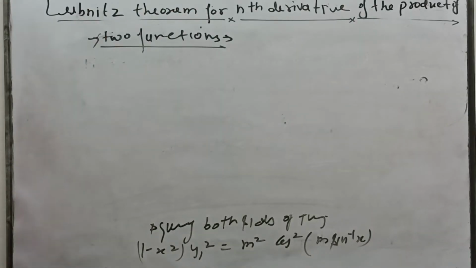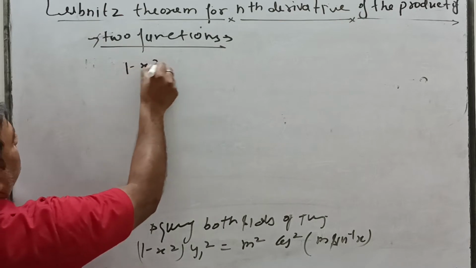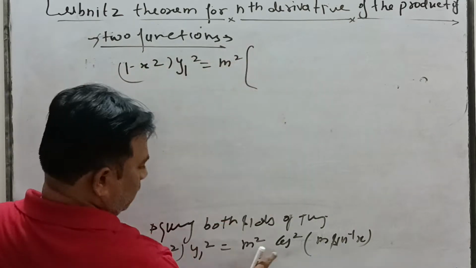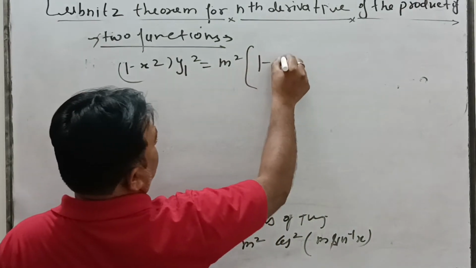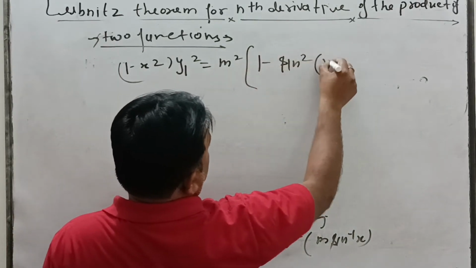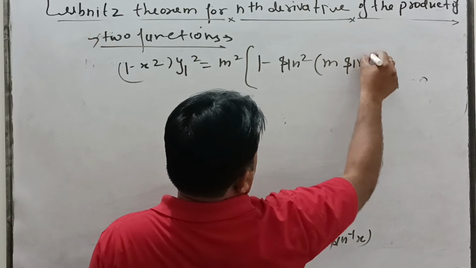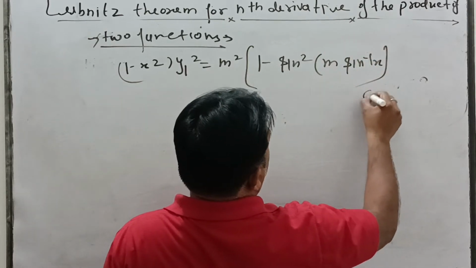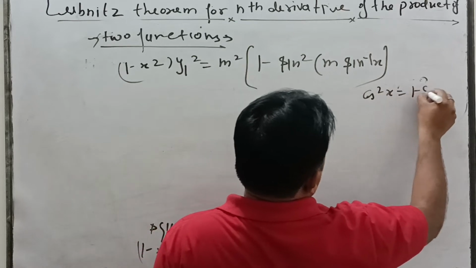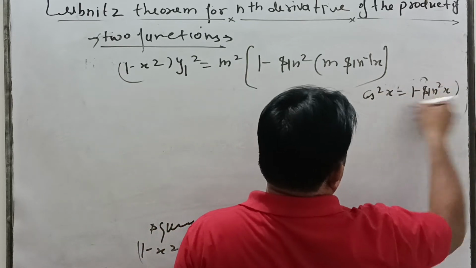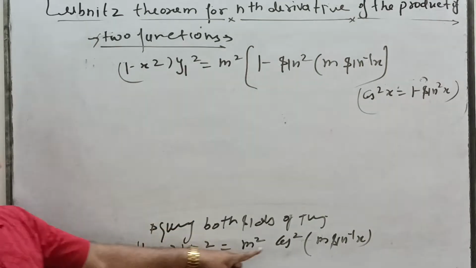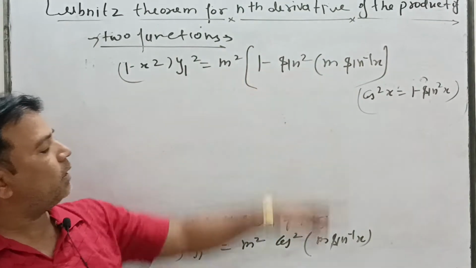we change the value: 1 minus x square times y1 square equals m square cos square, which we write as 1 minus sin square(m sin inverse of x). Here we know the trigonometric formula that cos square of x equals 1 minus sin square of x. So 1 minus x square times y1 square equals m square times (1 minus sin square).